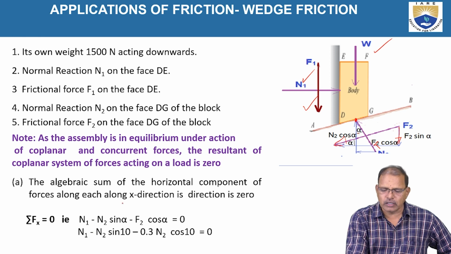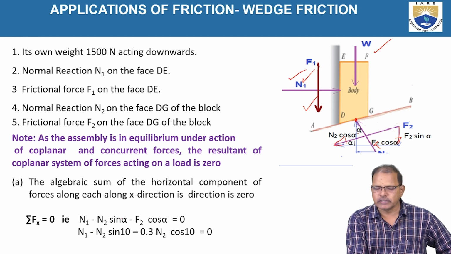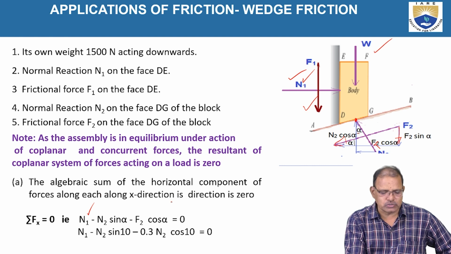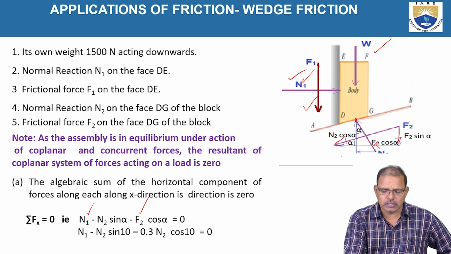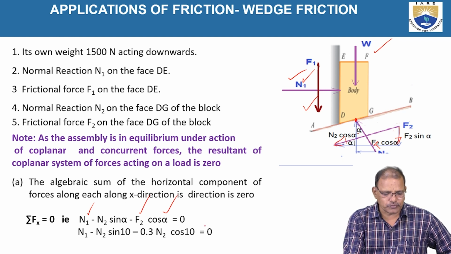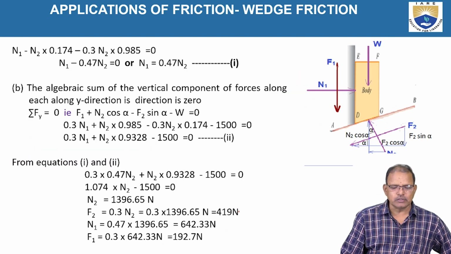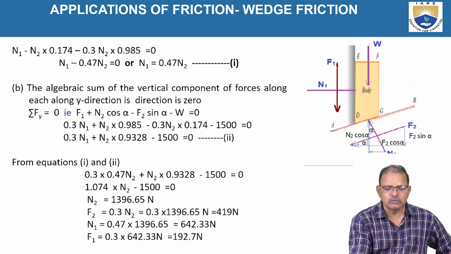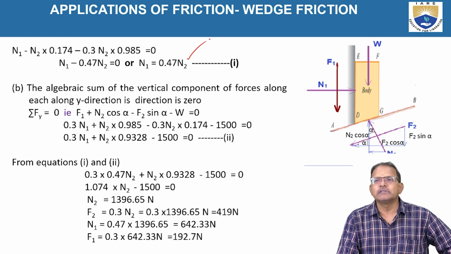We have N1 toward the right side, positive, N2 sin alpha negative, and minus F2 cos alpha, also negative because both act toward the left-hand side, equal to 0. From this relation, N1 minus N2 sin 10 degrees minus 0.3 N2 cos 10 is equal to 0. From this, we get N1 equal to 0.47 N2.